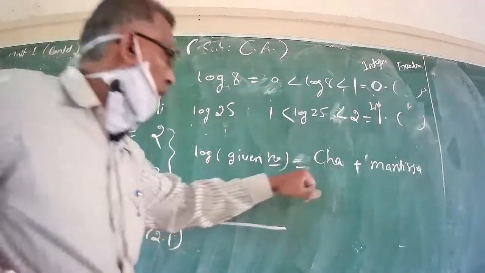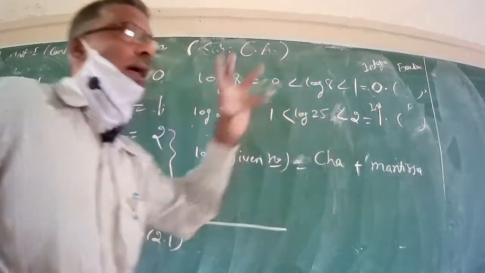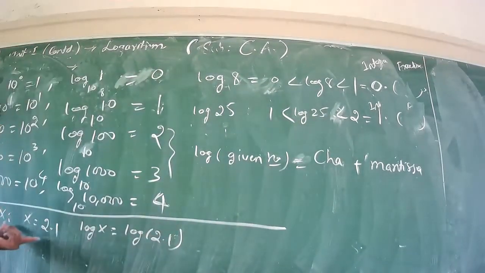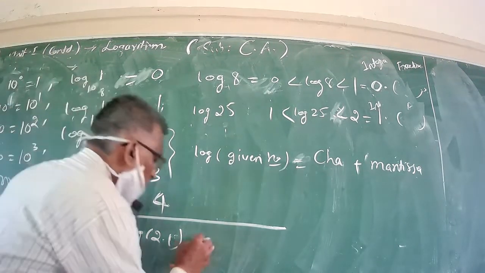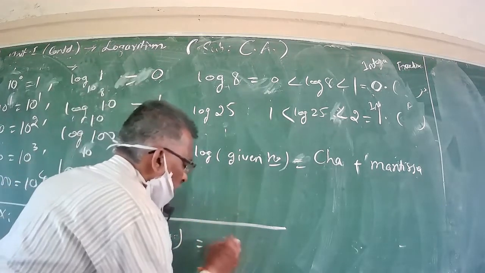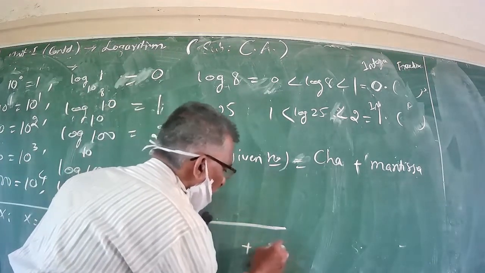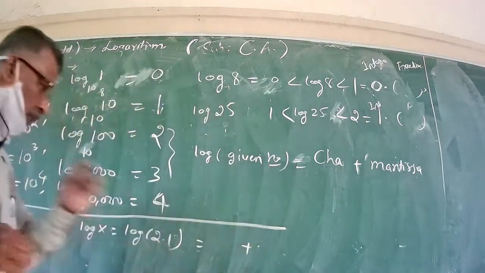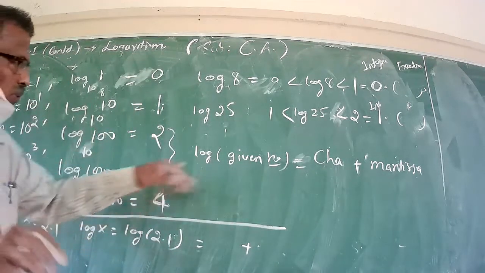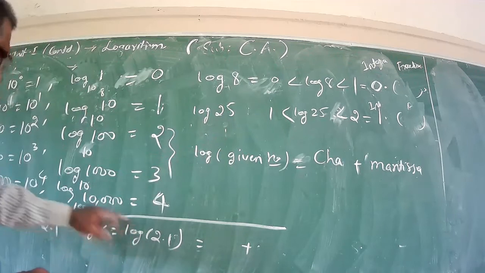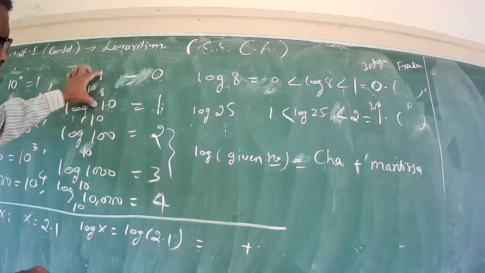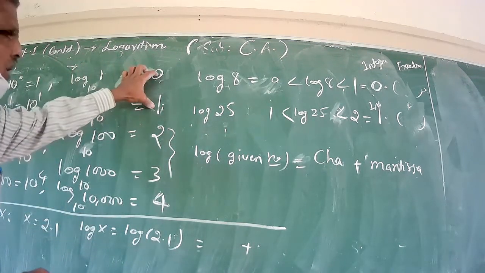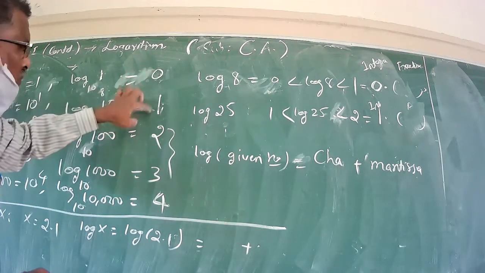To find the characteristic part, consider an example, x equal to 2.1. Then log of x equals log of 2.1, which again has a characteristic part plus a Mantissa part. The number 2.1 lies between 1 and 10, so the logarithm lies between 0 and 1.